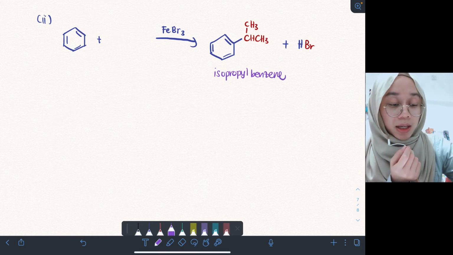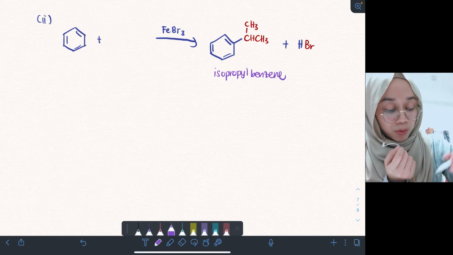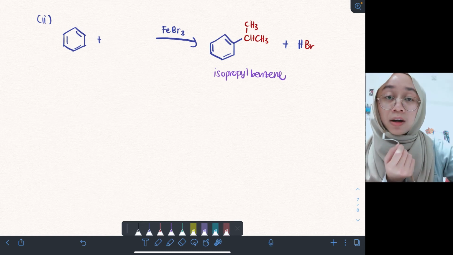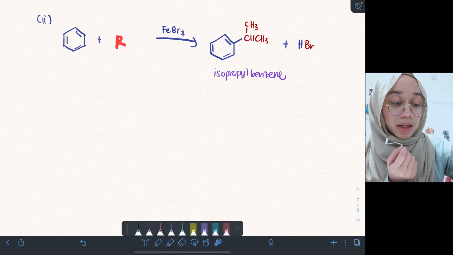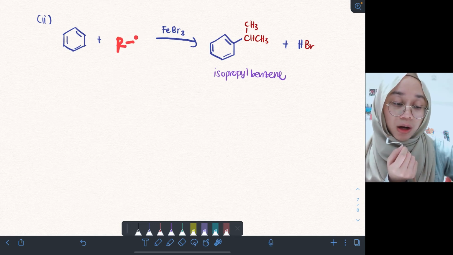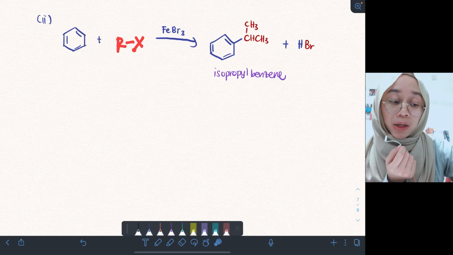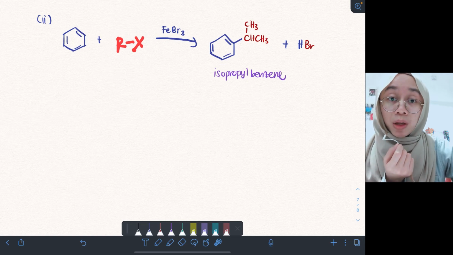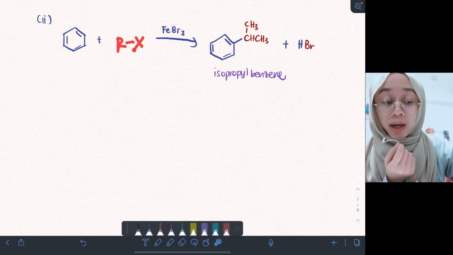Okay, jadi kamu patut tahu yang in order untuk kamu dapatkan the haloalkane, you should know that secara generalnya kamu punya reagent kat sini adalah haloalkane. Okay, so I think by now kalau kamu tengok kat sini, you know X tu apa? X adalah Br. Okay, kamu boleh nampak dekat bahagian side product dia, kamu boleh nampak dekat dia punya Lewis acid. Okay, so X adalah Br kat situ.